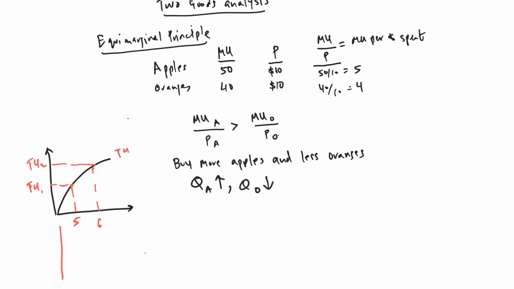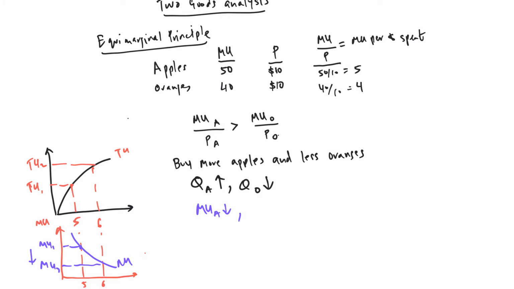But at the same time, when you buy more of apples, the problem is that the MU will start to fall. This is my MU, MU of 1 versus MU of 2. MU would start to fall whenever you buy more of a good. Isn't that true? If you buy more of a good, MU would fall because of the law of diminishing marginal utility. So while you're buying more of apples, quantity of apples is going up, MU of apples is going down.